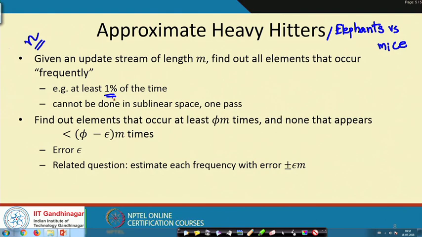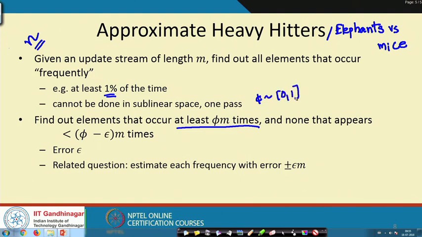So, the formal version of question 3 that we will now try to tackle is this: can I give a guarantee that we will find all elements that occur at least some phi times m? This phi was 1% there. So, think of phi as some number between 0 and 1.